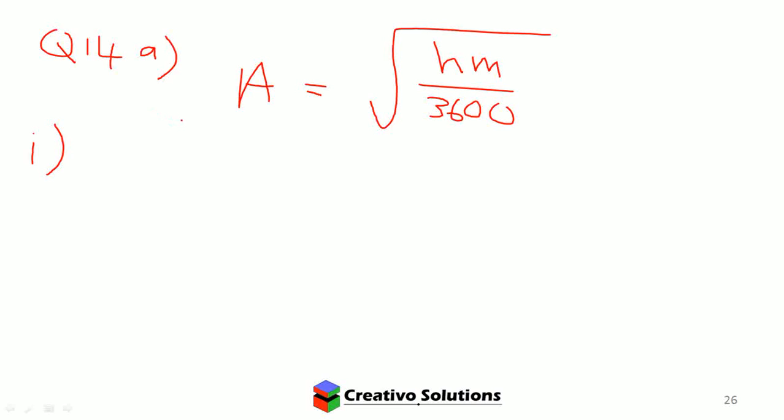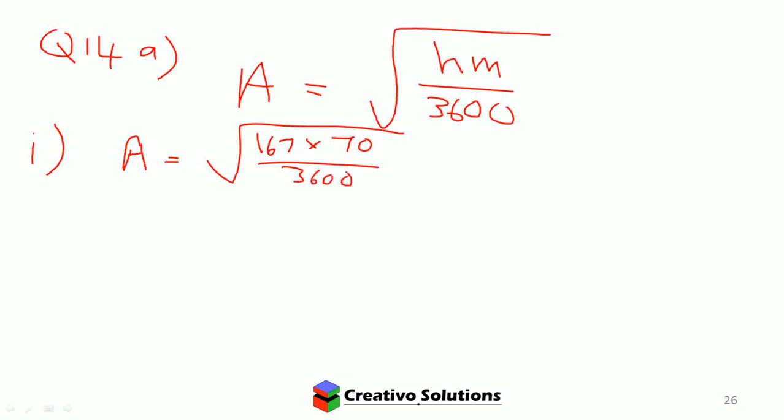So we need to apply the information that we've been given to the formula. So A is going to equal the square root of her height, which is 160 centimeters, times M, which is her mass in kilograms, 70, divided by 3600.